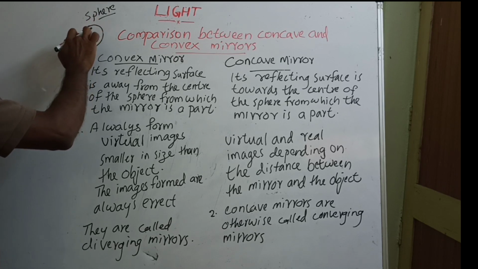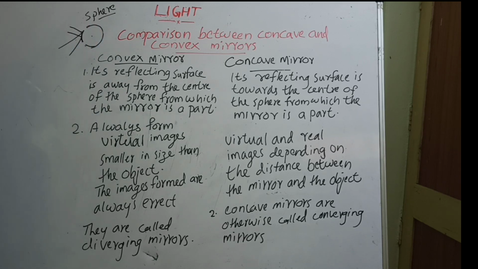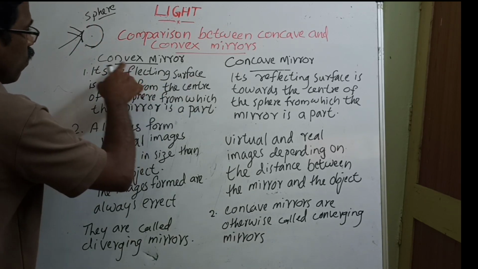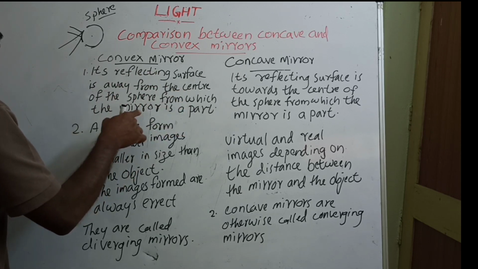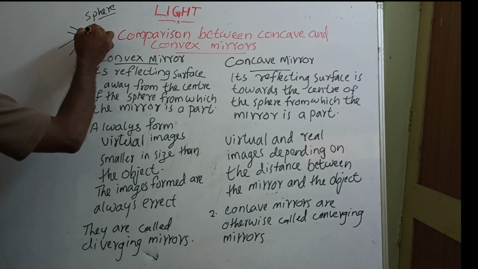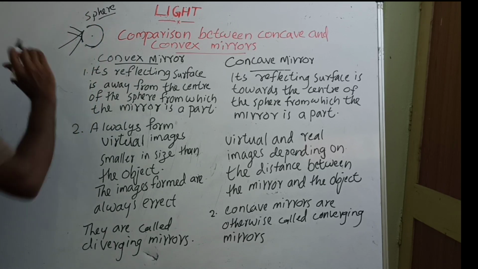In the case of a convex mirror, the reflecting surface is the outside surface. So its reflecting surface is away from the center of the sphere of which it is a part.